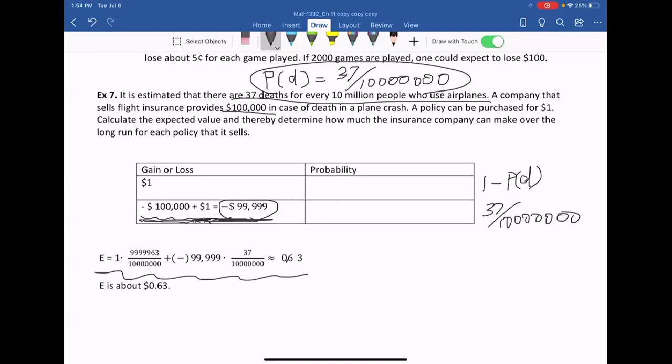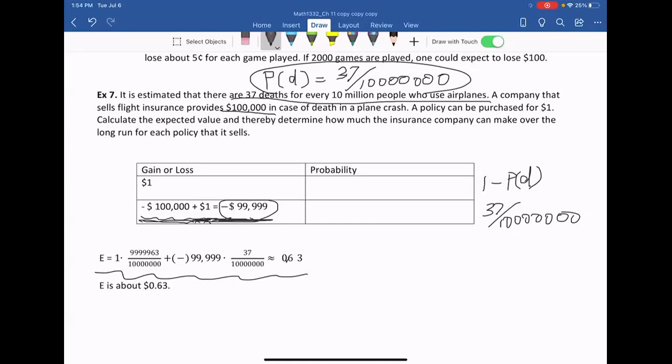The expected value equals $1 times the probability of no death in the plane crash, plus negative 99,999 times the probability of death in the airplane crash.